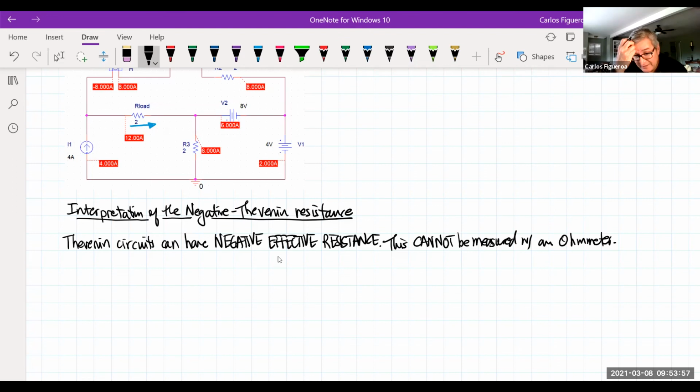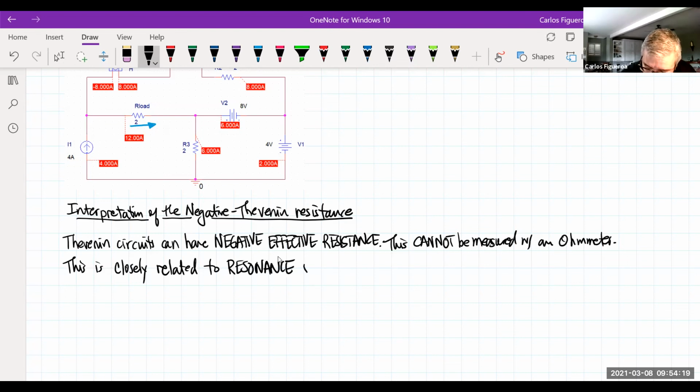And what you're finding here is that this negative effective resistance is closely related to resonance in AC circuits.